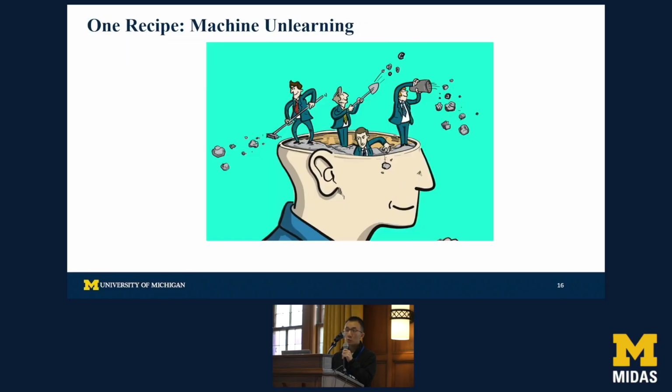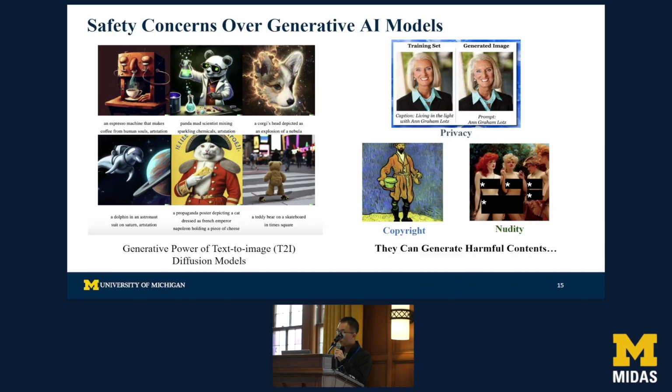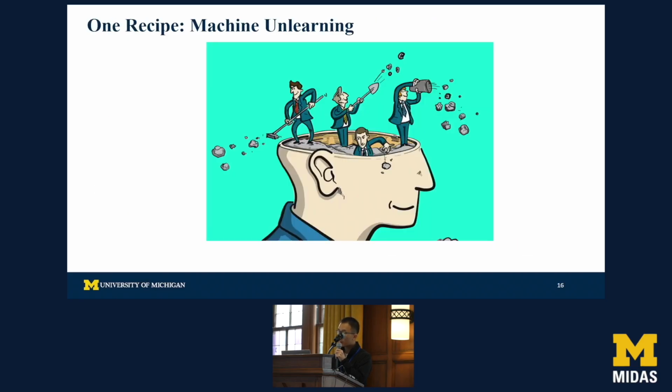And that's why we want to do something called machine unlearning. Basically, given a model, we want to remove harmful content from the pre-trained model. We want to remove copyright infringement, privacy issues, and memorized data from the training data set.